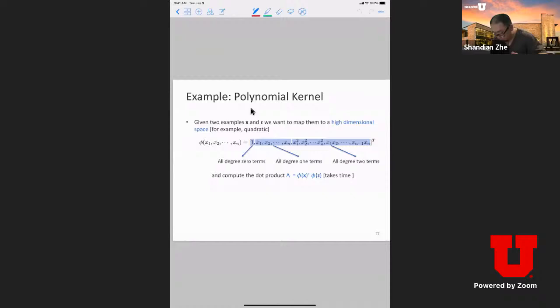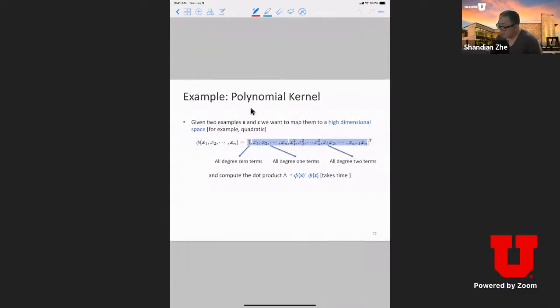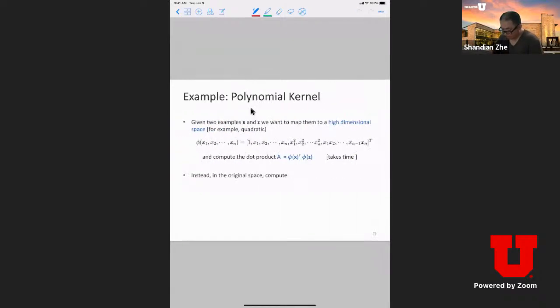So we can show that explicitly performing this quadratic feature mapping and then taking an inner product, which will take O(n squared), is the same as calculating this kernel function. That is, you just calculate the inner product between x and z in the original space, plus 1, and take the square.